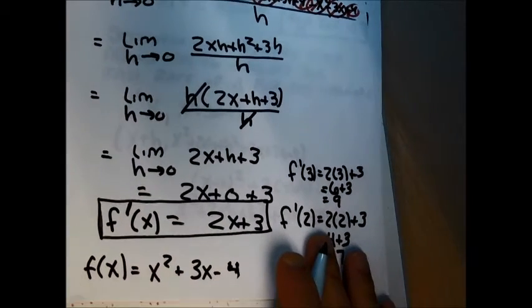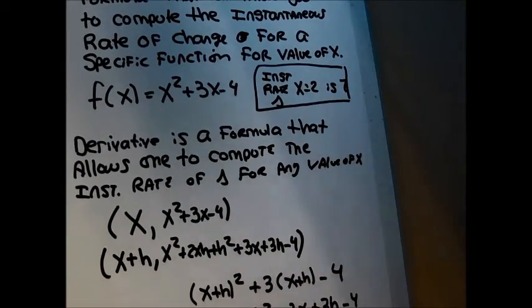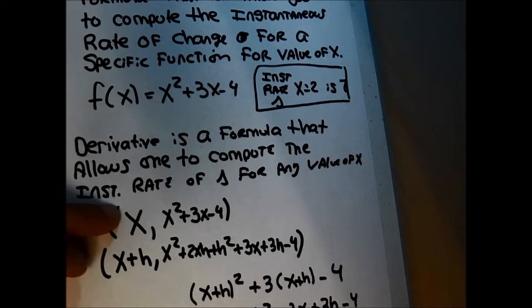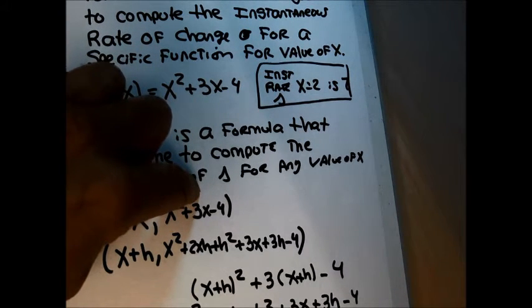So the derivative is a formula that will allow you to find the instantaneous rate of change for any value of x. And you get it exactly the same way that we did instantaneous rates of change in the last section. Specifically, I create 2 points. The first point's x value is going to be x, and its y value is going to be the function value.